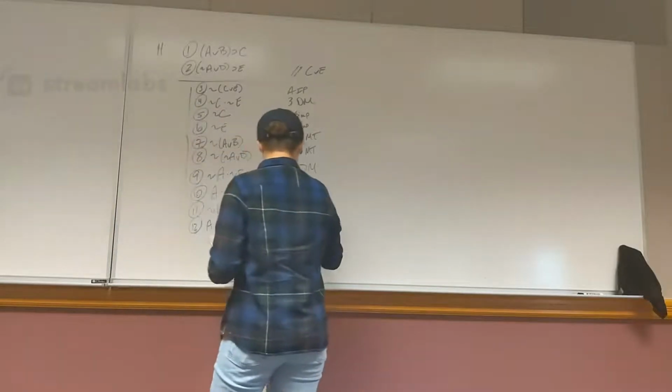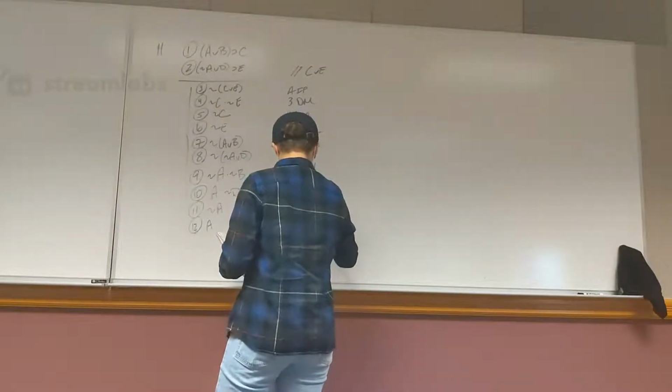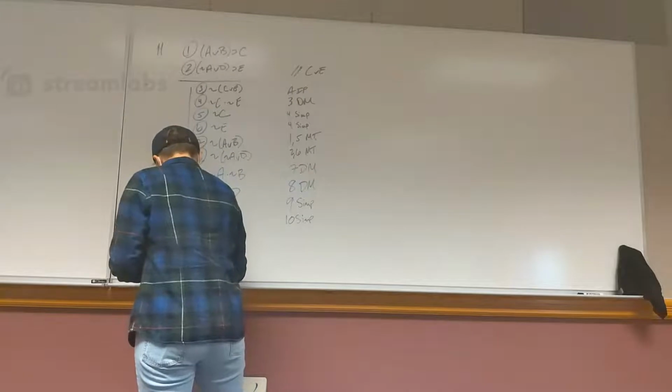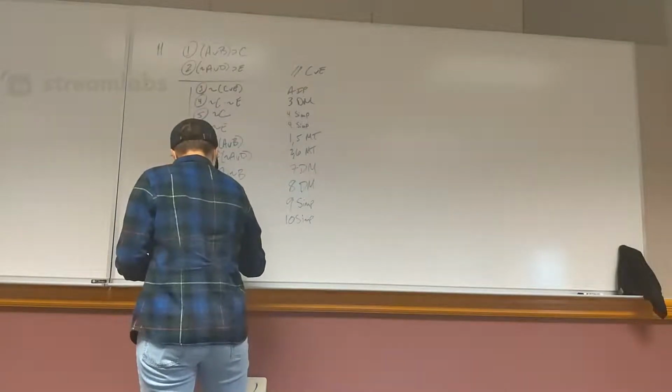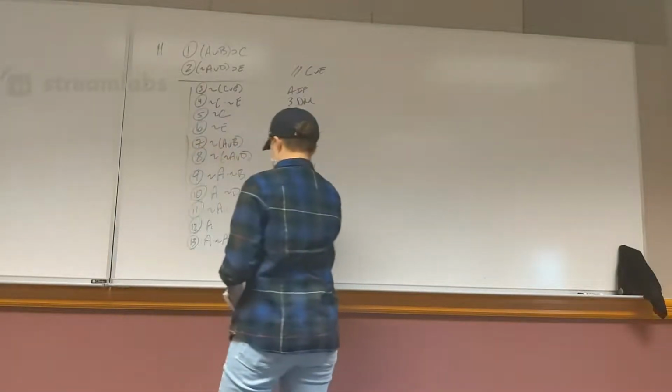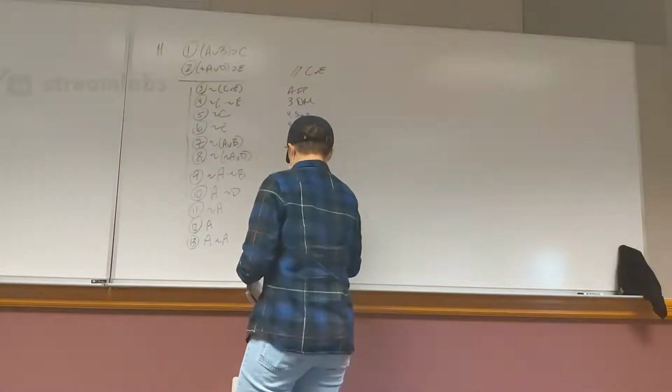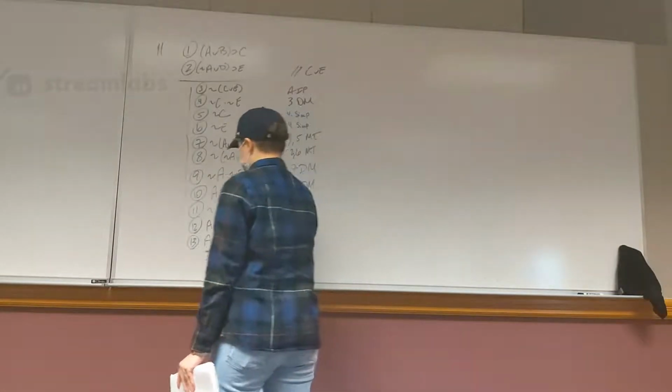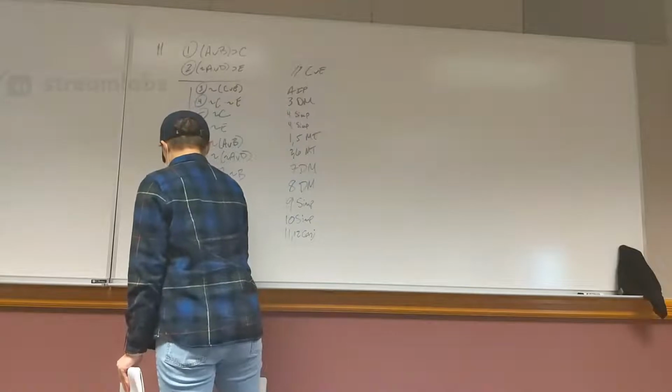A from 10, simplification. Good. And then you get A and not A, conjunction. And that's a contradiction, so.